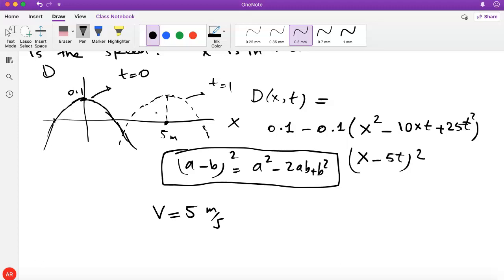If x goes to infinity, it goes to infinity at any time. So it's a little bit unrealistic, but from a pedagogical point of view, it's an interesting problem that we can detect this pattern of x minus vt appearing and then just read off the speed of the propagation.